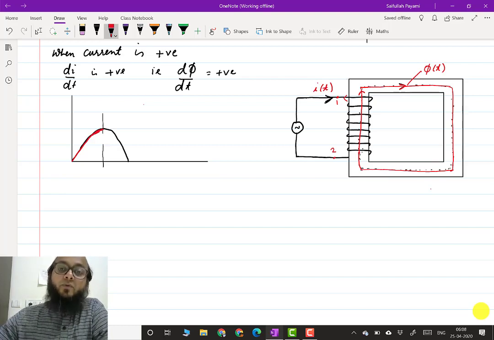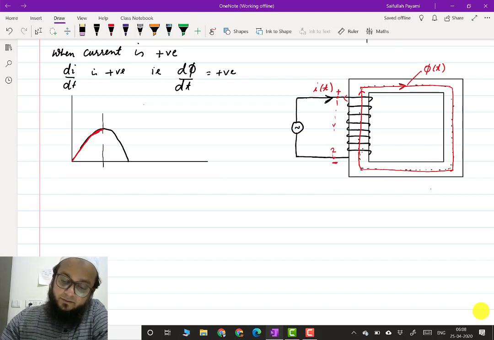Assuming this 1 and 2 is shorted, the induced EMF across terminals 1 and 2 should try to decrease the flux, and this is only possible when terminal 1 is at plus and terminal 2 is at minus position.